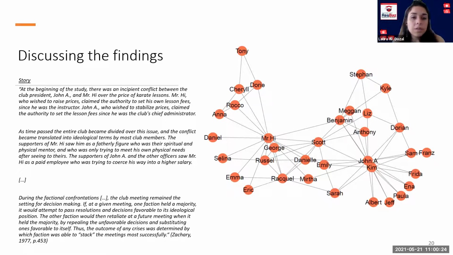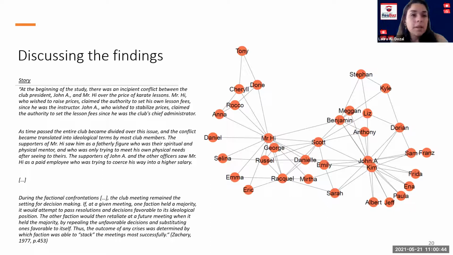So these two people built fragments within the network that might originally have been one, maybe more densely connected graph.